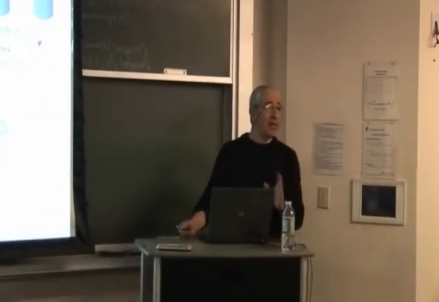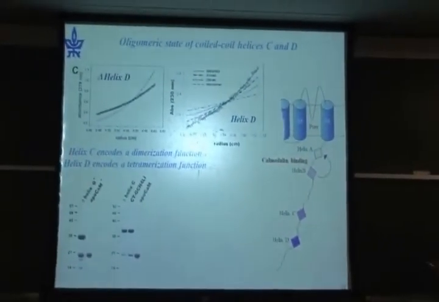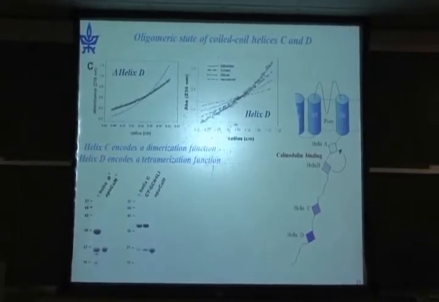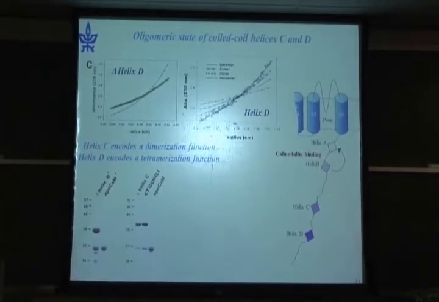Then we tried to analyze the stoichiometry of the coiled-coil helix C and helix D, and we tried to dissect it using deletion mutants. We found, for example, that if you remove helix D from the whole C-terminus, you get a dimeric stoichiometry. So helix C encodes a dimerization function.